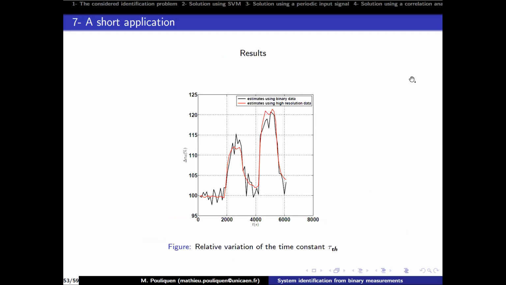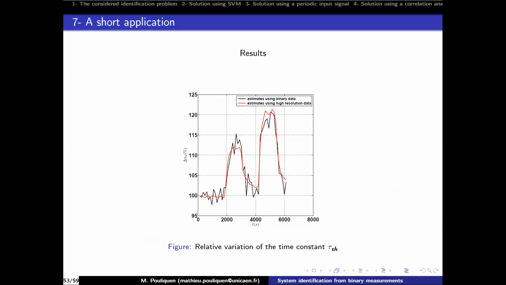And I obtain these results. In red, it's what we obtain with high resolution data. What is depicted here is a relative variation of the time constant. In the beginning, there is no gas.